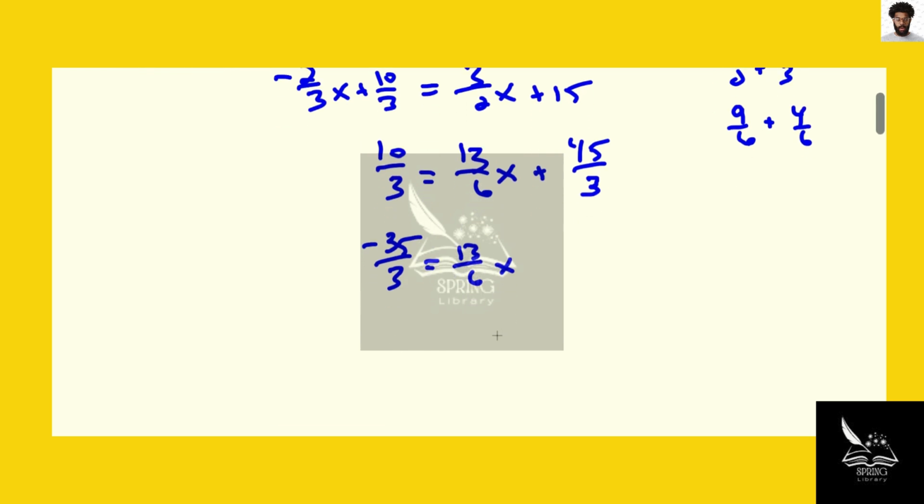And then we can multiply by the reciprocal. 6/13 times -35/3 is -70/13.